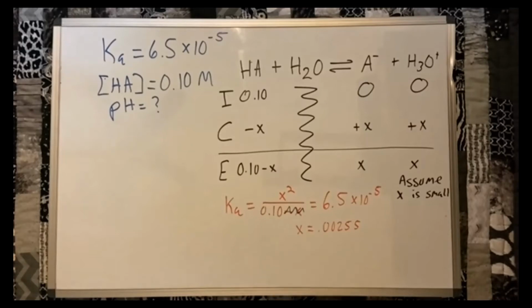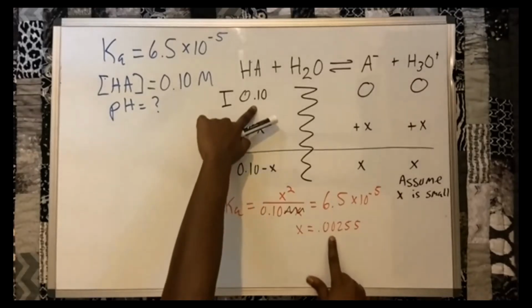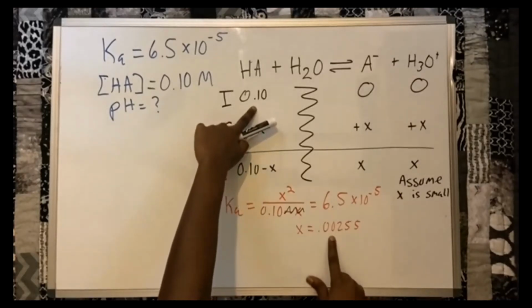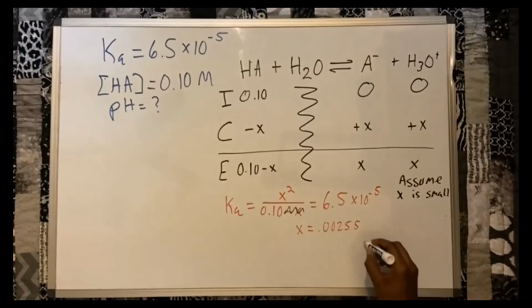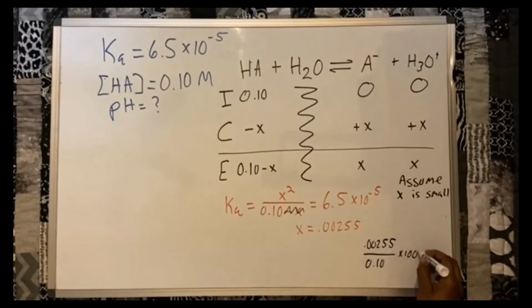0.00255. And then I take this number and divide that one, and then multiply by 100 to get the percentage. 0.00255 over 0.10 times 100 is 2.5.